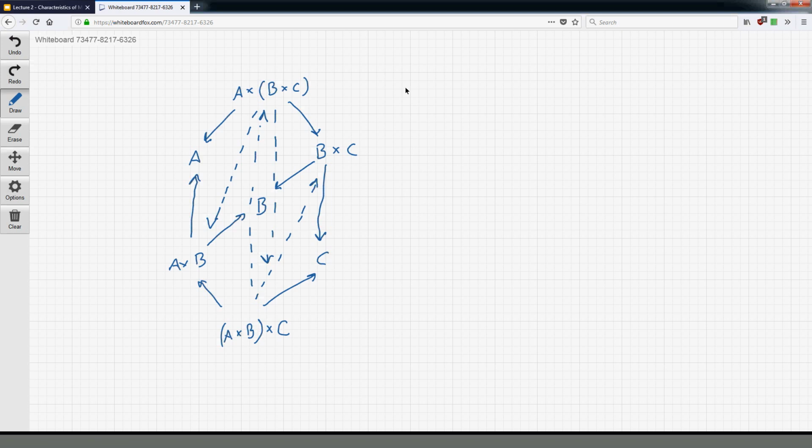Oh boy, this is going to get messy. No, I'm not going to draw all these out because it's going to be basically unreadable.